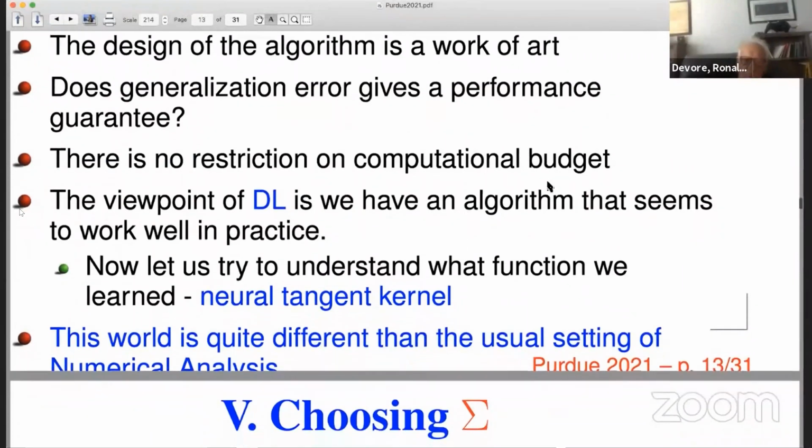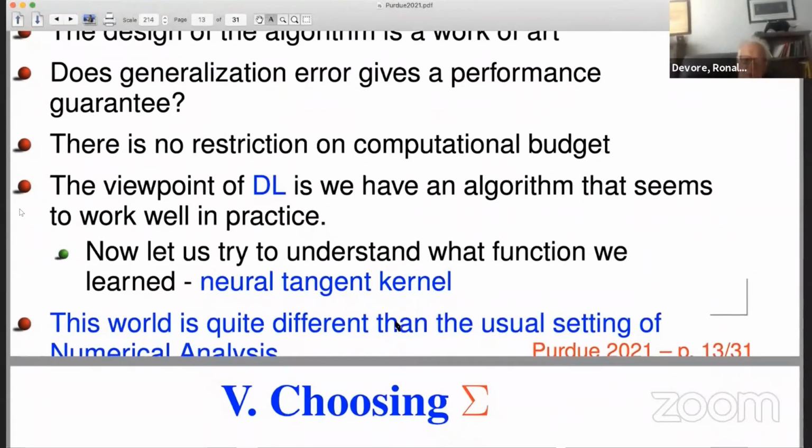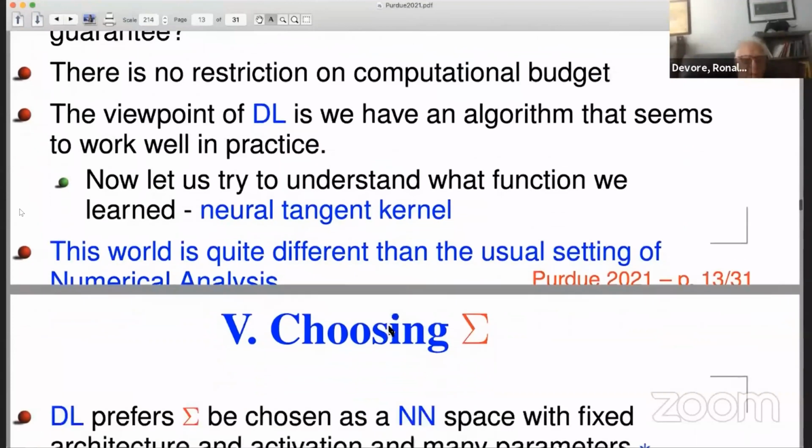So the bottom line is that this world that they live in is quite different than the world of mathematics or numerical analysis, where we look for certified performance with guaranteed error estimates versus the amount of computational effort we have put forward.